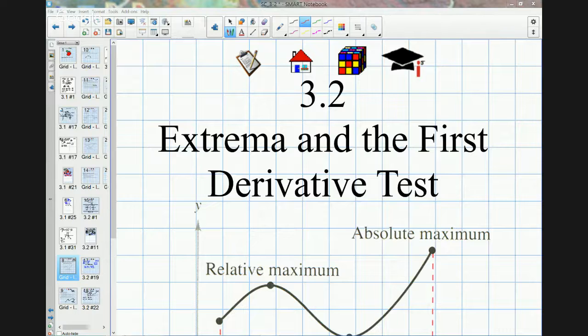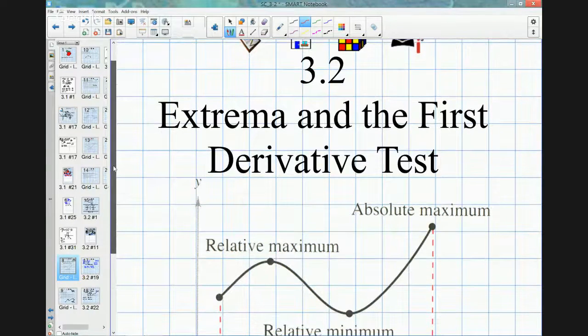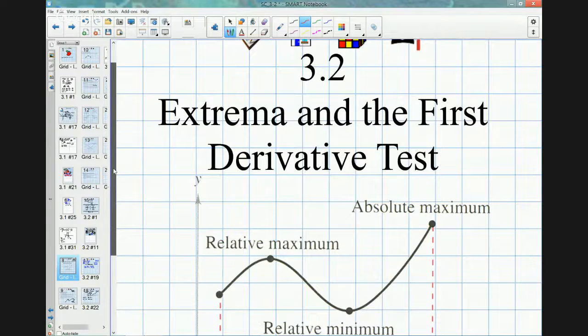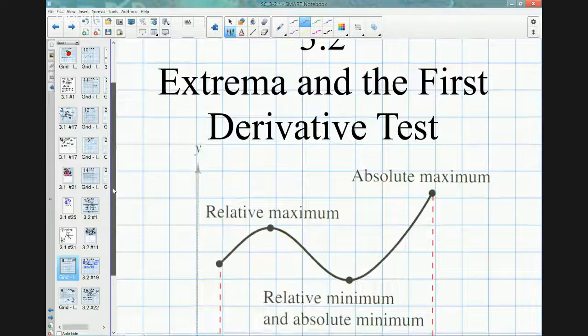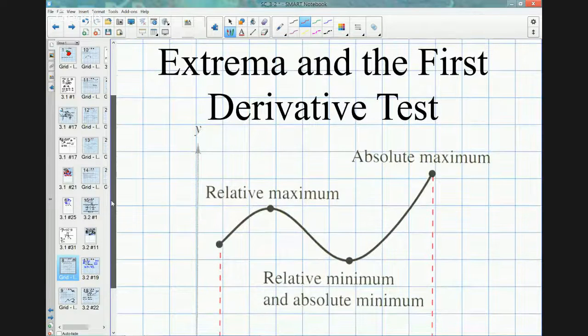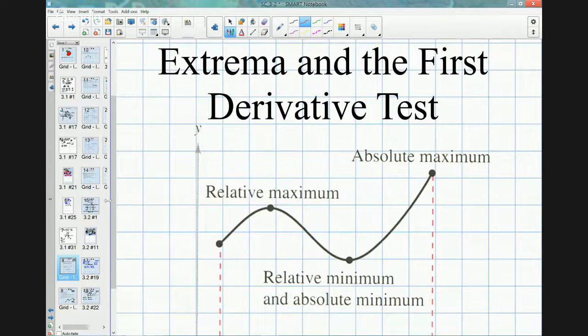Okay, and you can hopefully see from the illustration here that we're looking at the same kind of thing we were looking at yesterday. We want to find when the function's going up, when it's going down. That was the increasing and decreasing we did yesterday. Today we're going to focus more on those critical points where we have what?